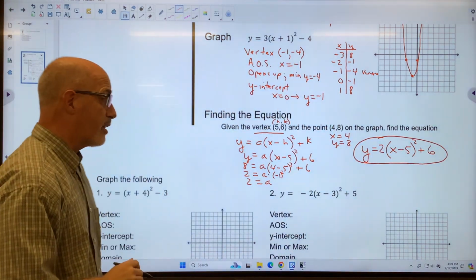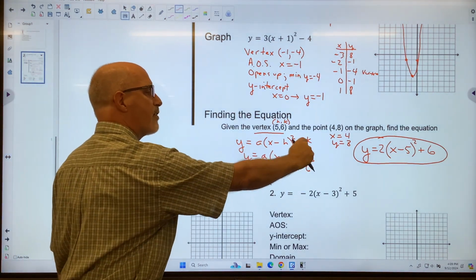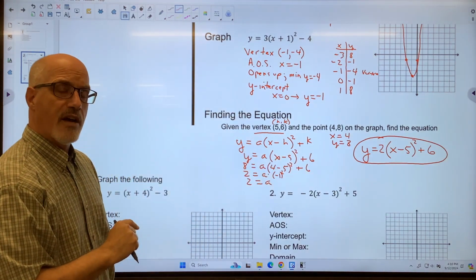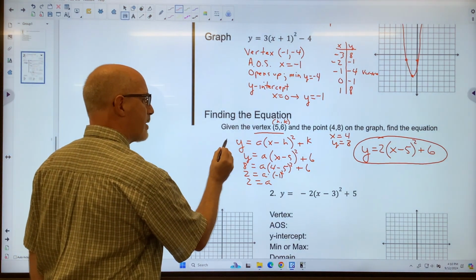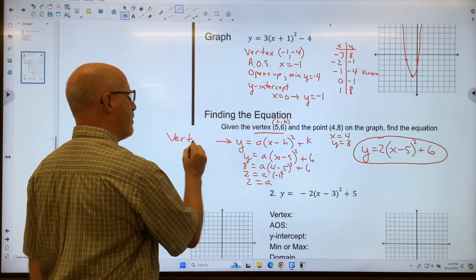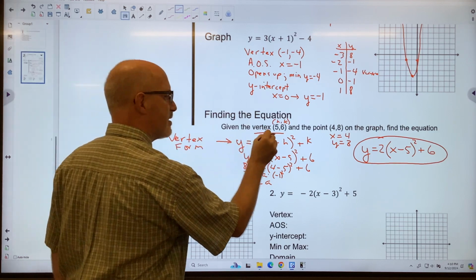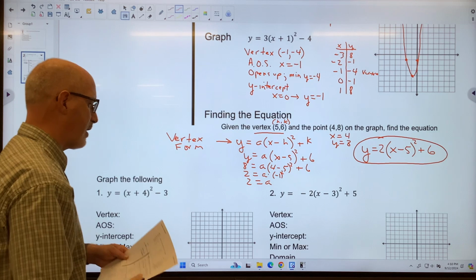So we can go ahead and come up with that now that we know this general form for the vertex form of a parabola. So one more time, I'm going to just label that. This is called the vertex form because it tells us that the vertex is h, k. It shows up right there.